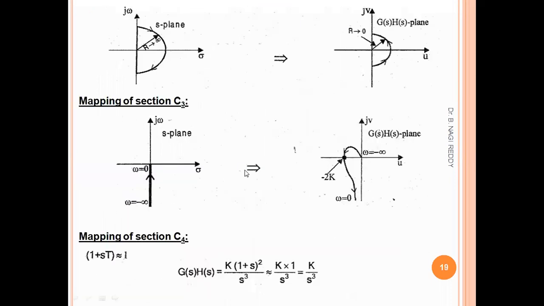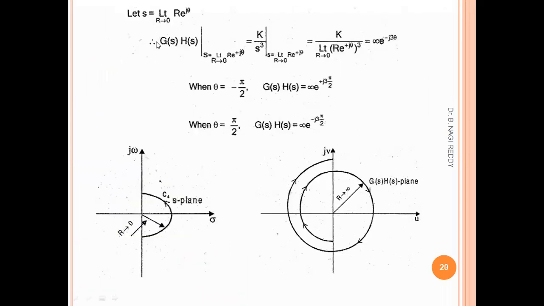For a circle, we need to substitute s equal to limit r tends to 0, r e^(j theta). We have only two types of curves: one is a straight line, the second is a circle. For a straight line, substitute s equal to j omega. For a circle, substitute s equal to limit r tends to 0, r e^(j theta).